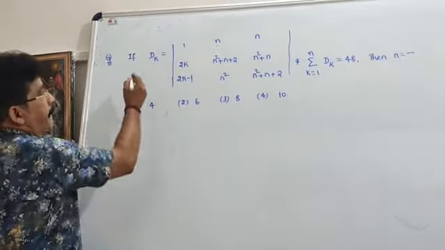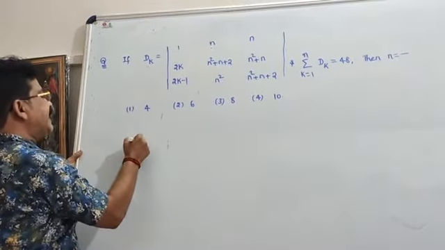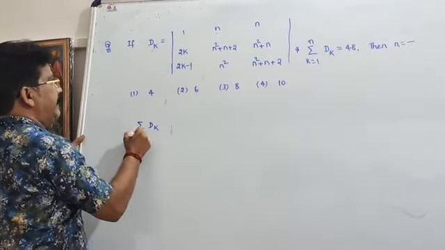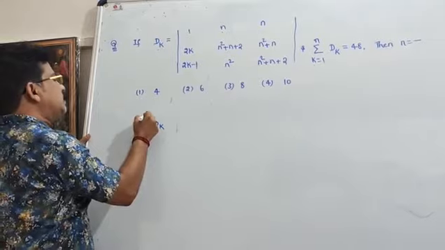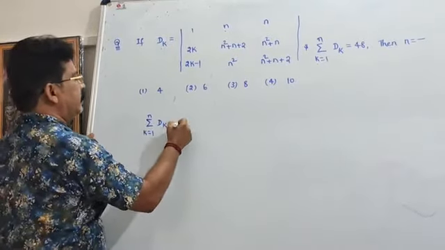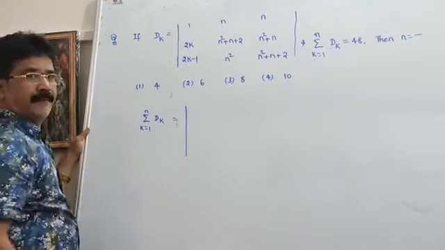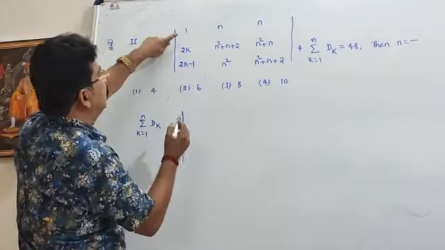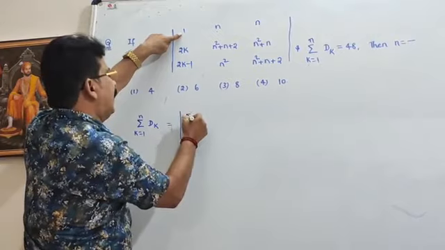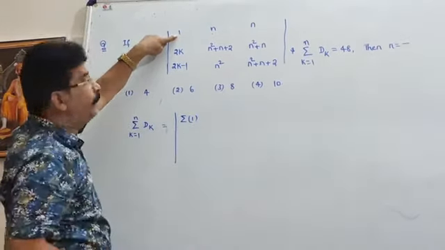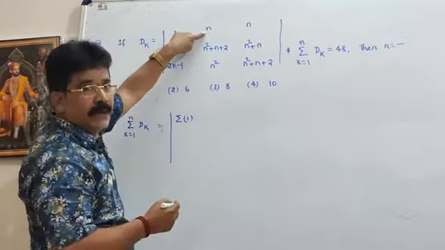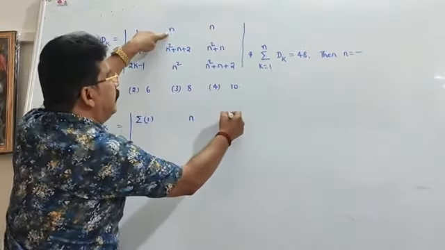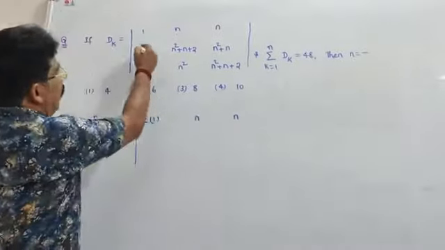So sigma dk, k equal to 1 to n, simply we can write it as sigma for each entry d. So sigma 1. Here there is no k, therefore n is fixed, or constant.